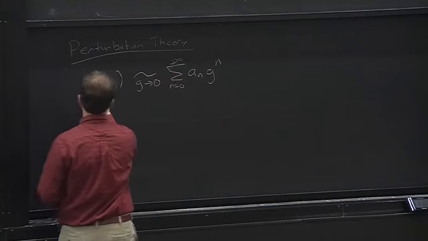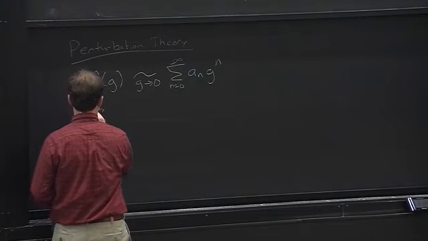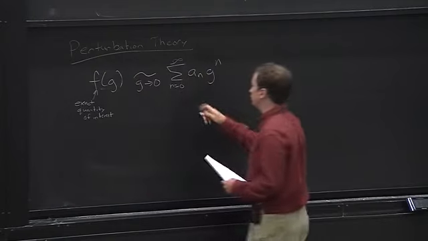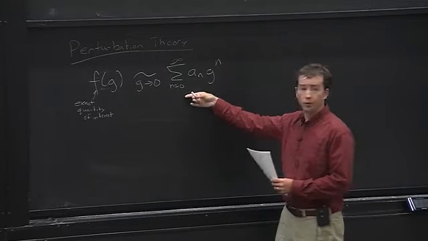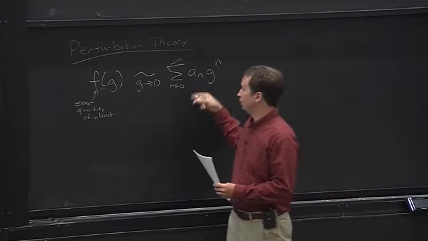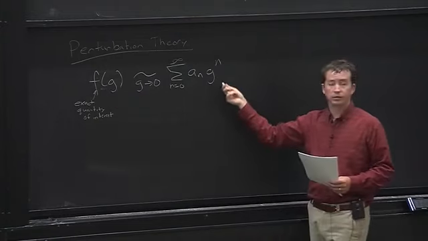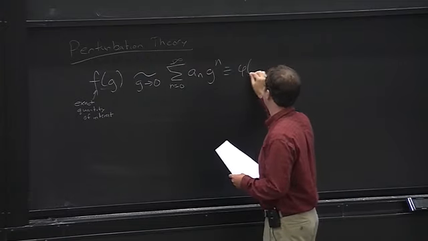So this F is some exact quantity of interest. And usually the best we can do is get a divergent series, which I'll call phi(g). So a natural question to ask is how can we get back to F if we only have this divergent series?